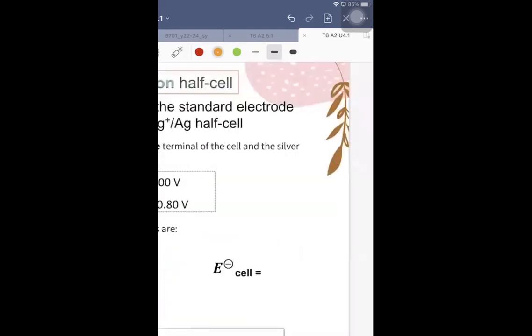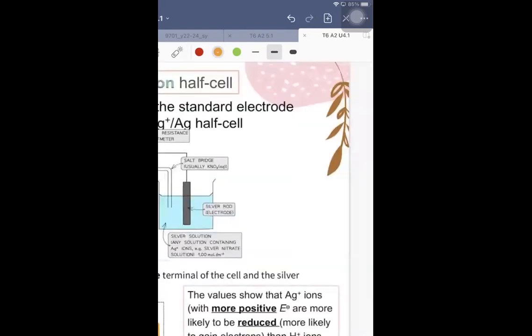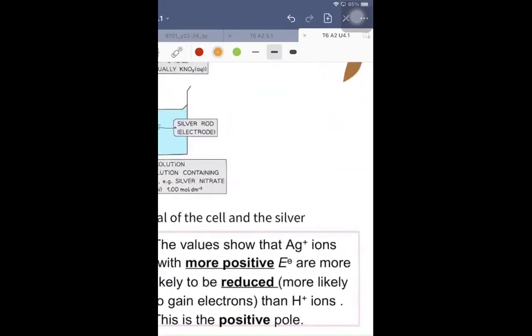So what this box is saying is that the most positive E note becomes the positive terminal, and reduction is also happening at the positive terminal. The most negative E note will become the negative terminal, and oxidation happens at the negative terminal.